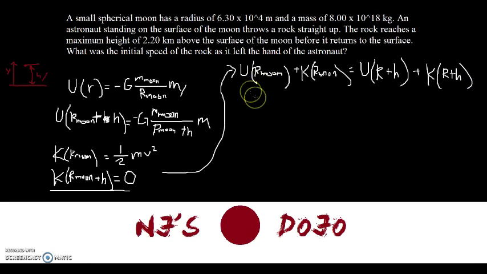Okay, so now we can simply plug in the variables needed. To make things simpler, I'm just going to make R the radius of the moon, and capital M the mass of the moon. Okay, let me erase this.